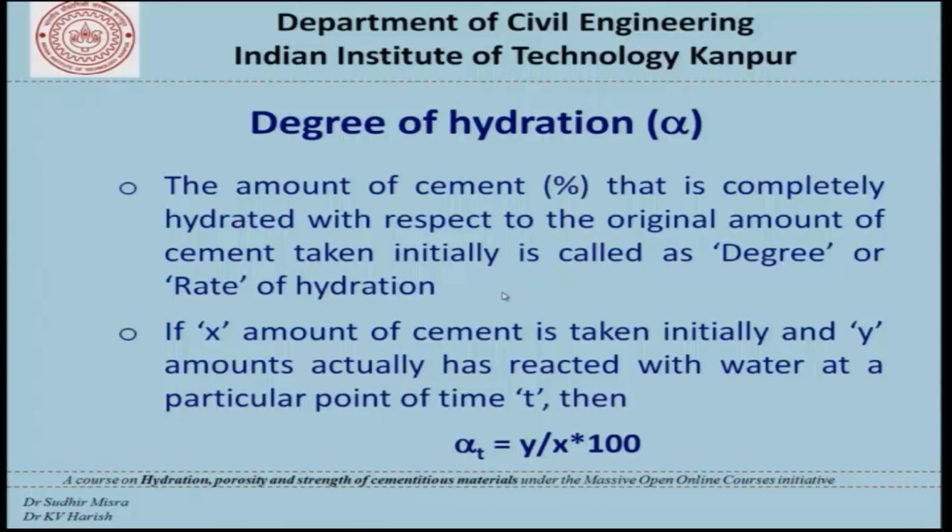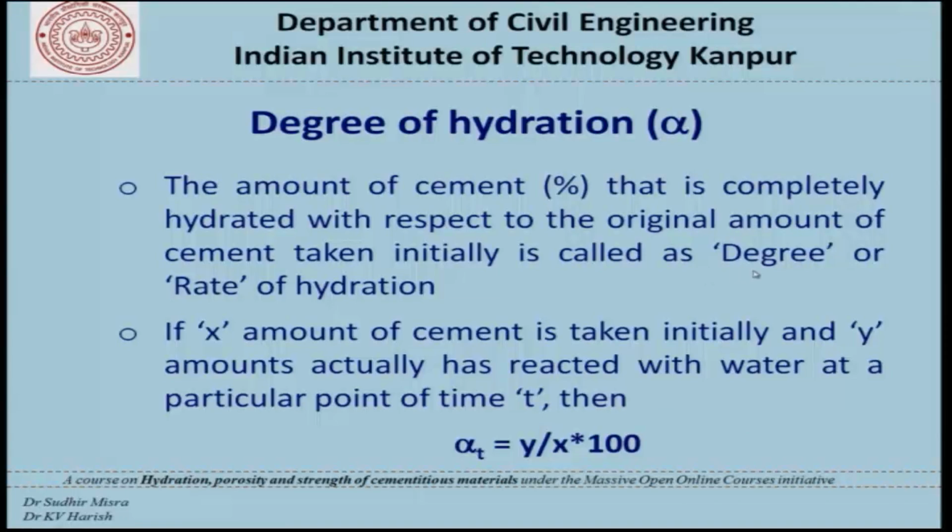For example, assume that you take a certain quantity of water and a certain quantity of cement initially, and those are mixed together and hydrated for about 7 days. After 7 days, a part of the cement that you originally took would have reacted.